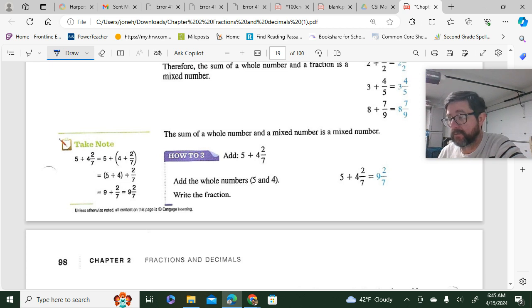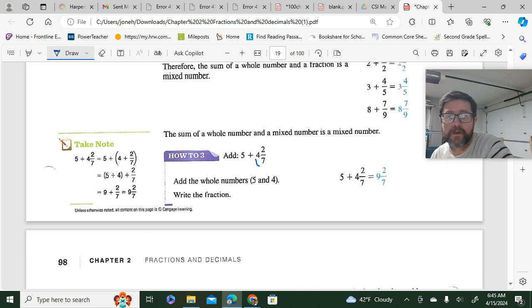Then we hit the fraction button one time. That separates that 4 from the 2/7. Then we hit 2, and we hit the fraction button again, and we hit 7. When we hit the fraction button the first time, it separated the 4 from the fraction.